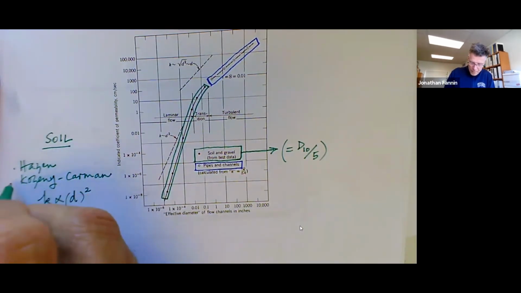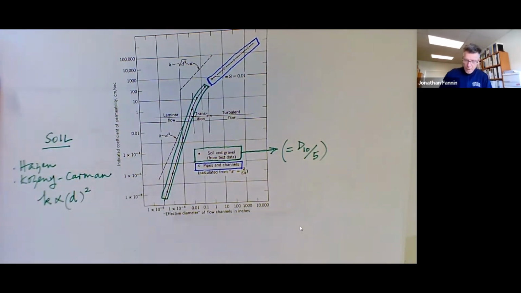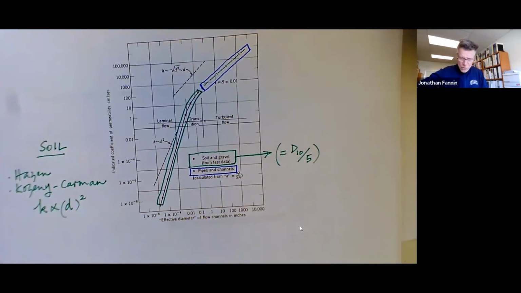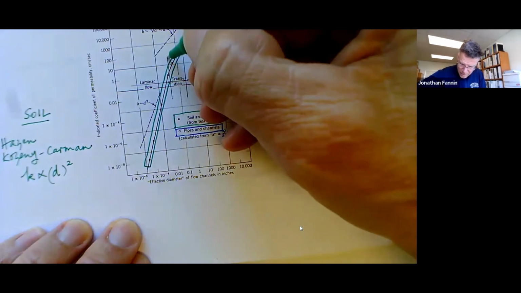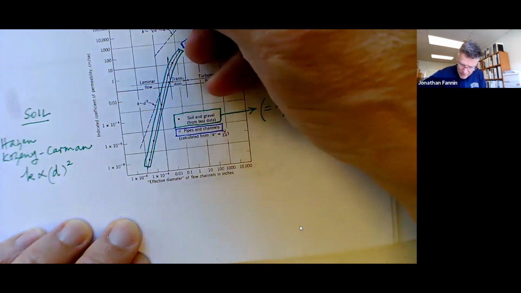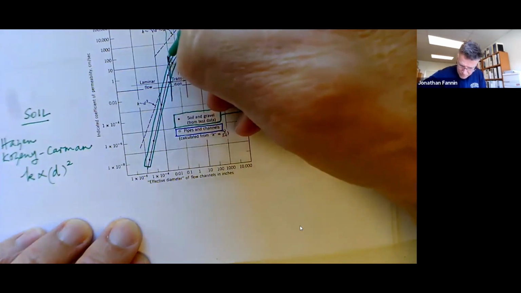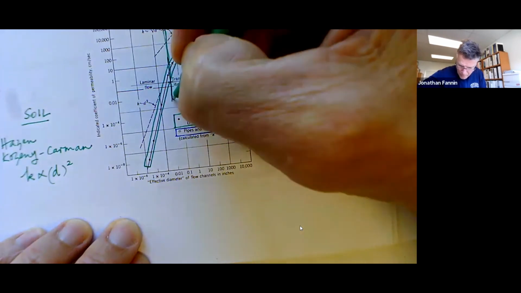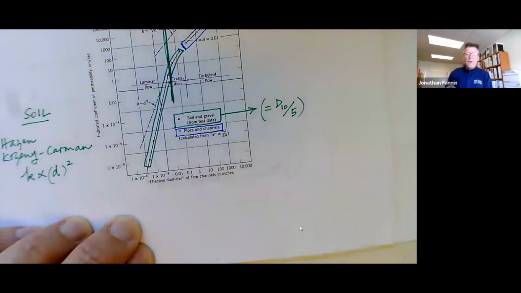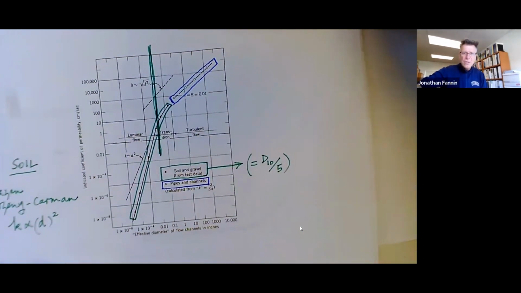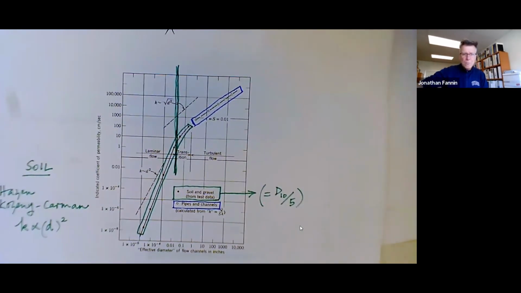Okay, and that's true. Although look what happens. What's happening about here? Let's carry this line up here. That relation appears to break down.